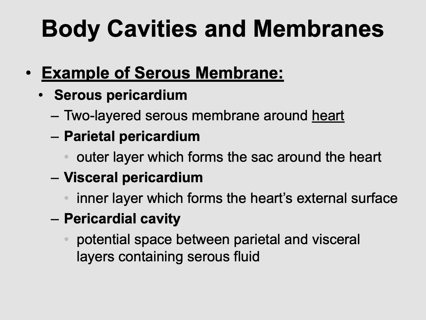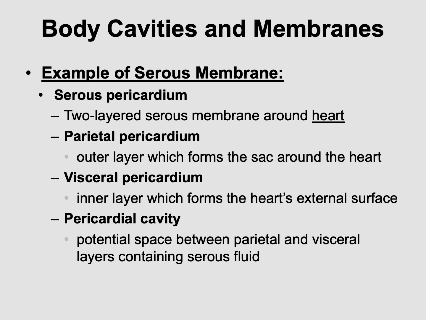Let's go over some examples of the serous membrane. The first one is the serous pericardium. When you see the word cardia or cardi, that means heart. So the serous pericardium is a two-layered serous membrane that covers and surrounds the heart.